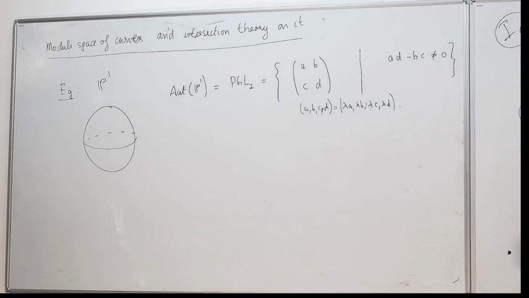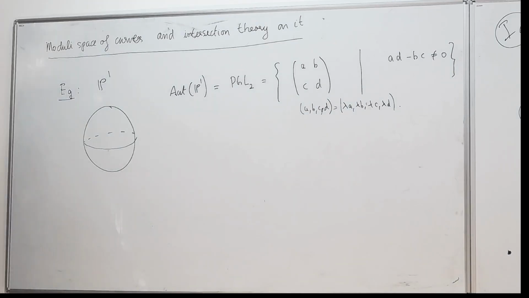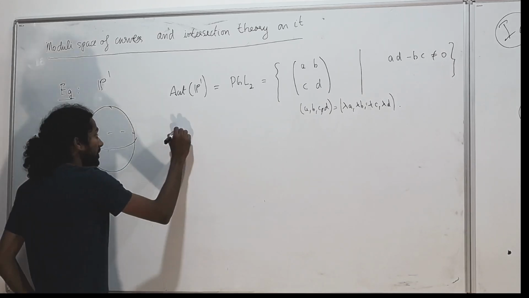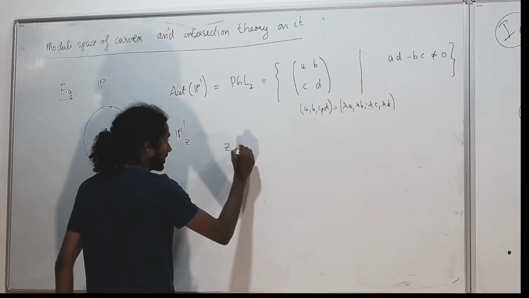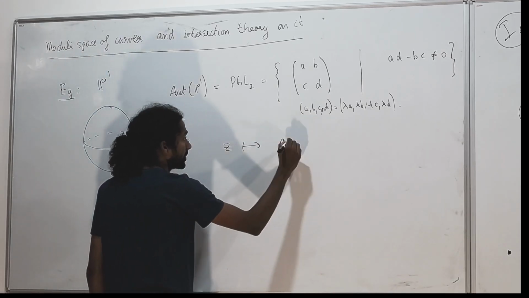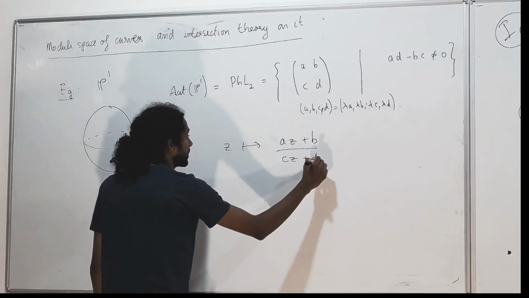I'm probably boring a lot of you. I hope that you already know a lot about the moduli space of curves, that you don't mind. How does it act? So I have P1, let's say I have coordinate Z. The action is just Z goes to AZ plus B.